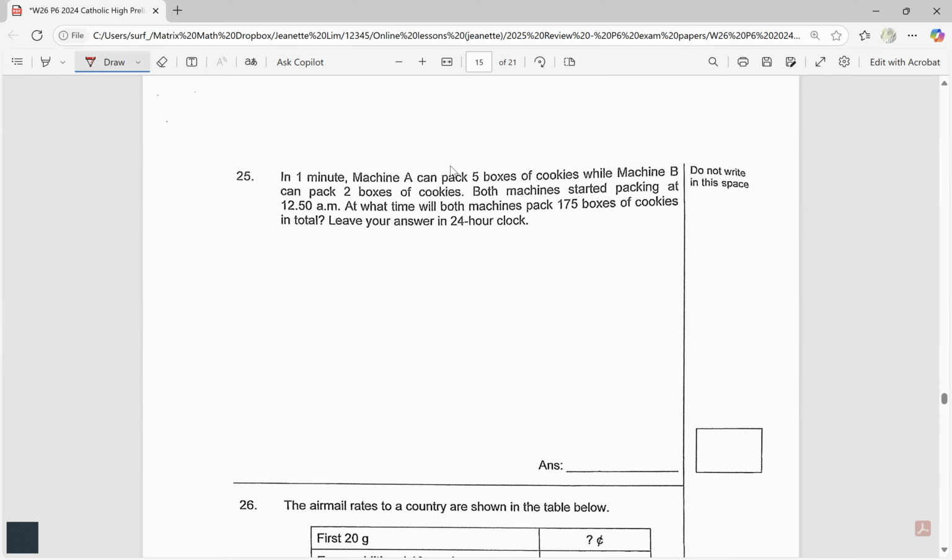Okay, so let's write down in 1 minute first. A in 1 minute, 5 boxes. B in 1 minute, 2 boxes. Both machines started packing at 12:50 a.m. So you are supposed to combine them. So both A and B in 1 minute is 5 plus 2. 7 boxes will be packed in 1 minute.